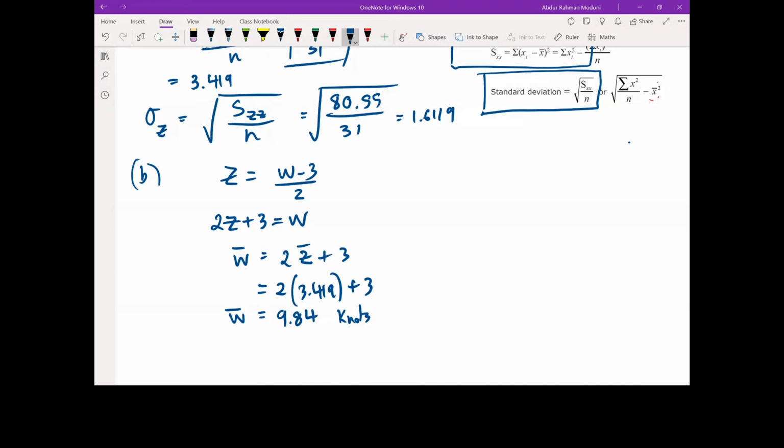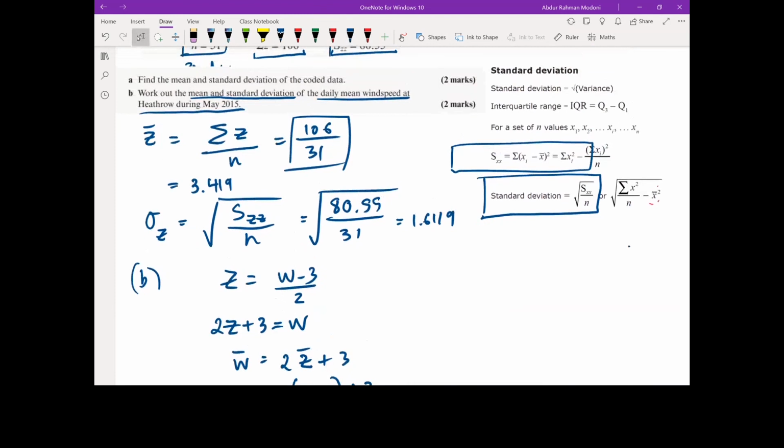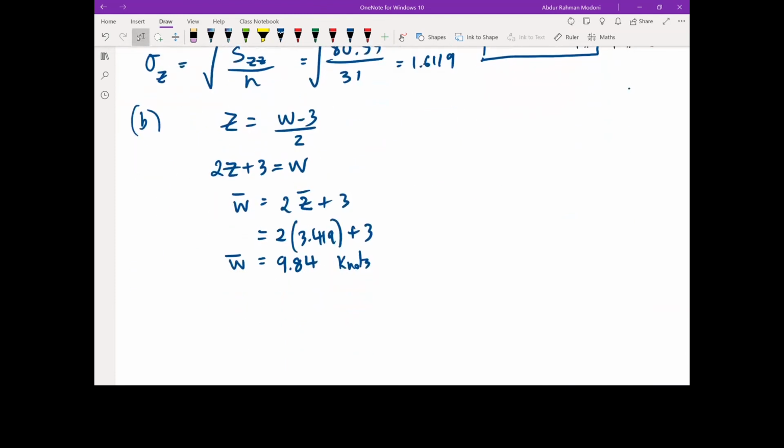Now we need to work out the standard deviation, because the question asks for both the mean as well as the standard deviation. Let's see how the standard deviation is affected. We said earlier that the standard deviation of W, which is what we're trying to work out, will be equal to 2 lots of the standard deviation for Z, but the plus 3 doesn't affect it.